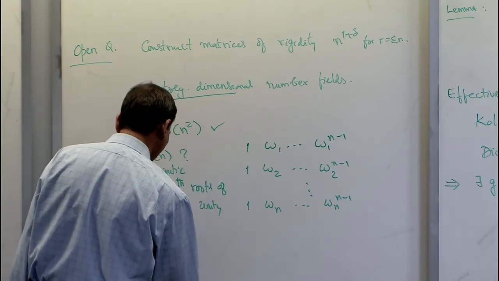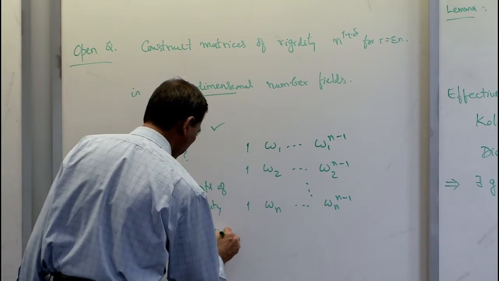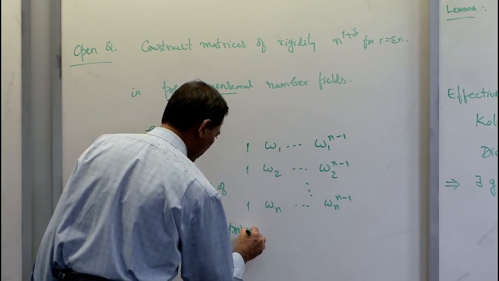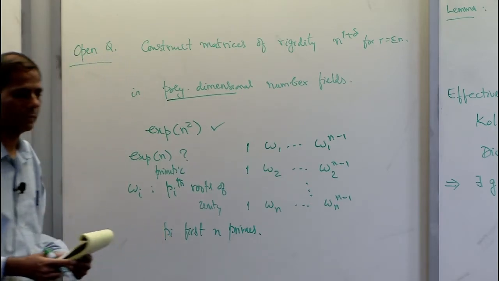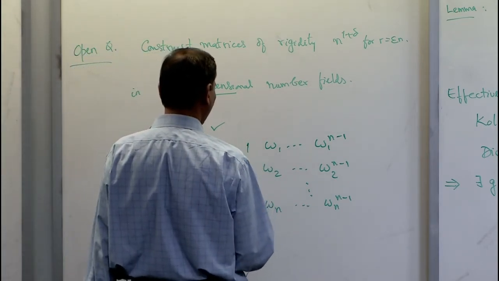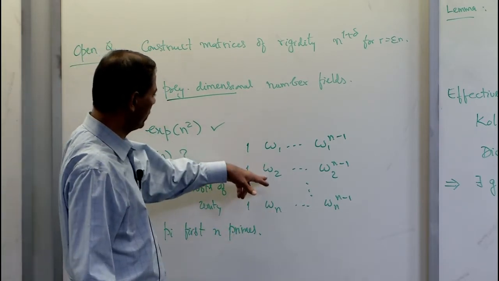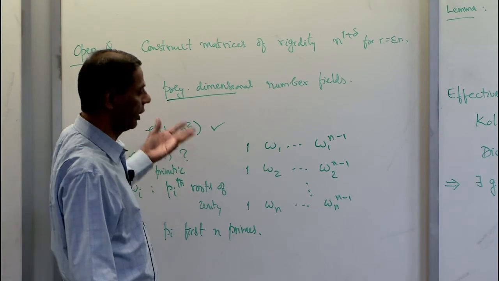Unity and pi are the first, or polynomial primes, first 10 times, let's say. They should not be too big. Ideally, what we would like to do is the Fourier transform matrix.